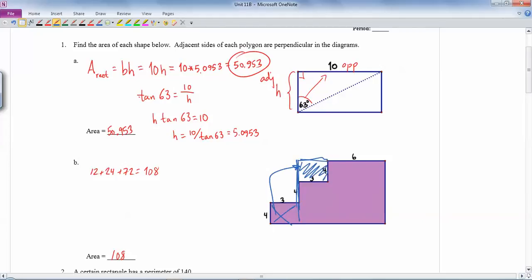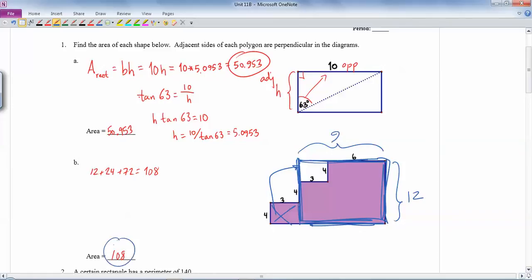And then really what we're solving for is the area of this big rectangle. All you do is you slide that piece in. So this is 4 plus 4 plus 4, so the whole length here is 12. And this is 3 plus 6, so this is 9. So 9 times 12 is 108. So you could get it that way too.